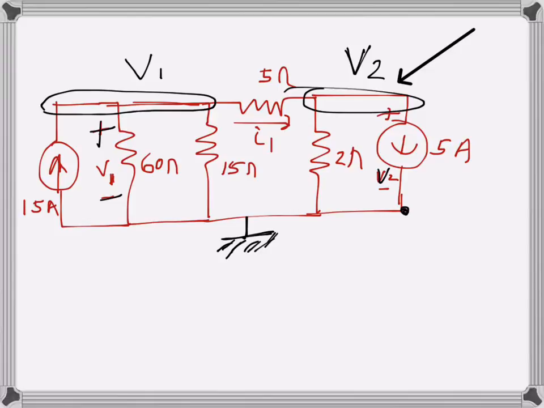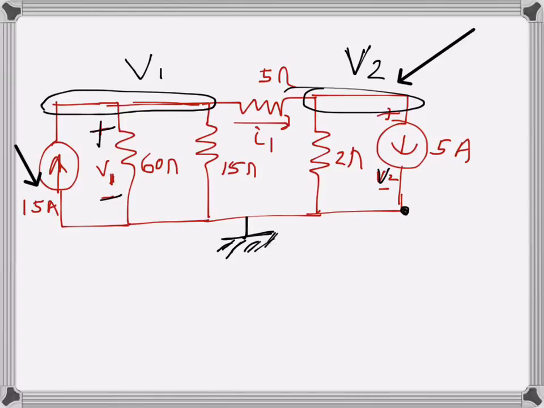Now we will write KCL equations for each of those nodes, Kirchhoff's current law equations. So we will assign current to each of the branches. This branch has a current which we know, 15 amps, because that is a current source. It's an entering current, entering into this node.